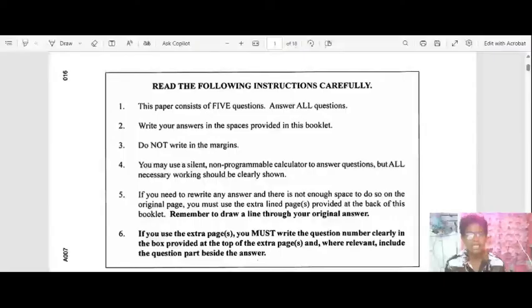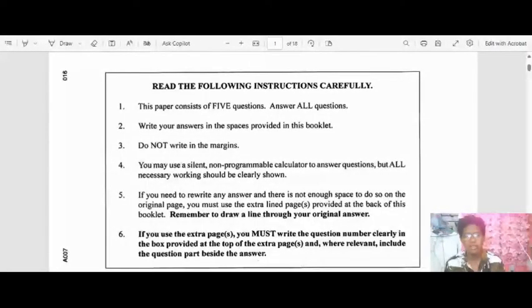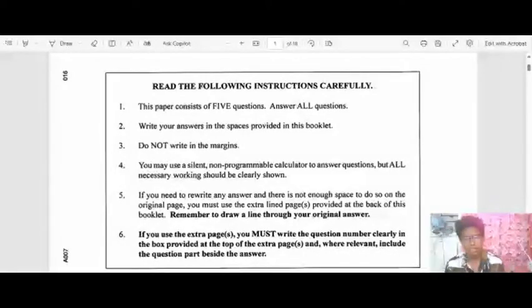If you need to rewrite any answer and there is not enough space on the original page, you must use the extra lined pages provided at the back of this booklet. If you use extra pages, you must write the number clearly in the box provided at the top of the extra pages, and where relevant, include the question part beside the answer.